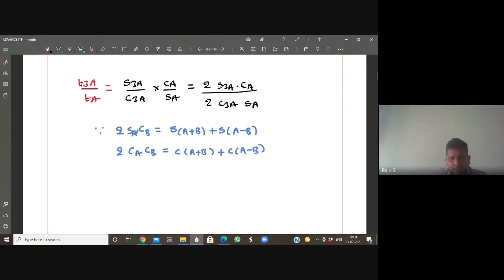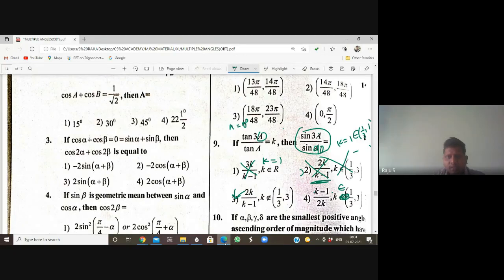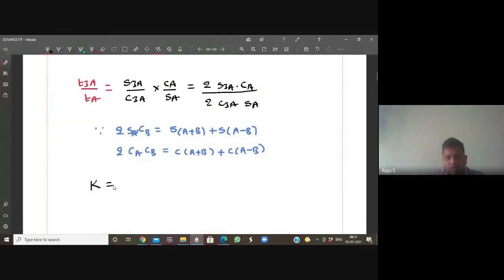Apply these two formulas. So tan 3a by tan a, the value is clearly given in the question as k. Am I right? Tan 3a by tan a is equal to k, so the 2 gets cancelled. So k is equal to sin 3a cos a by cos 3a sin a.